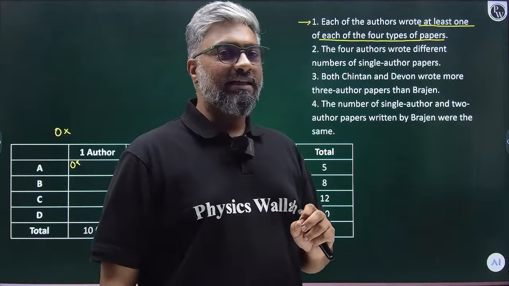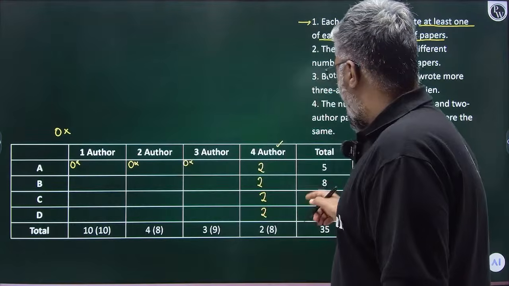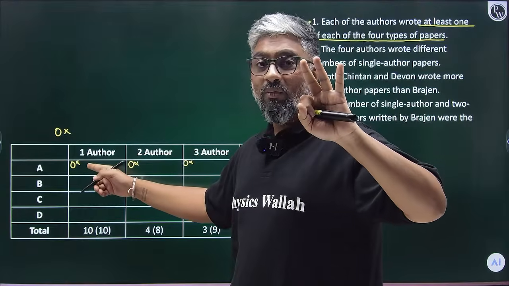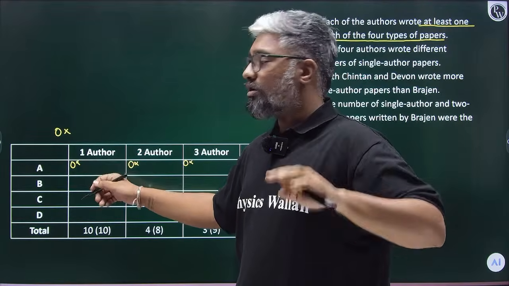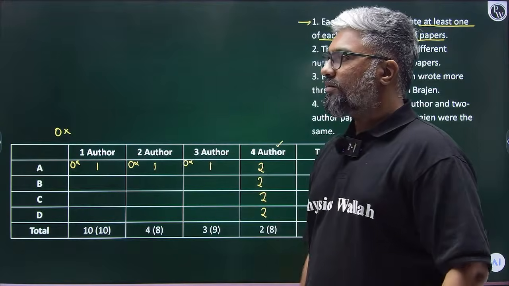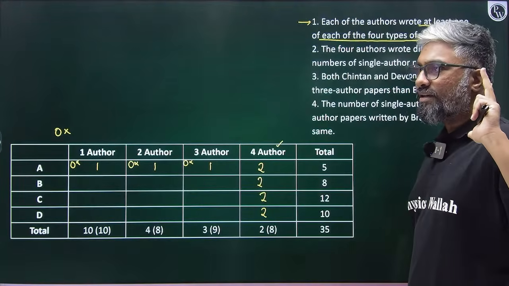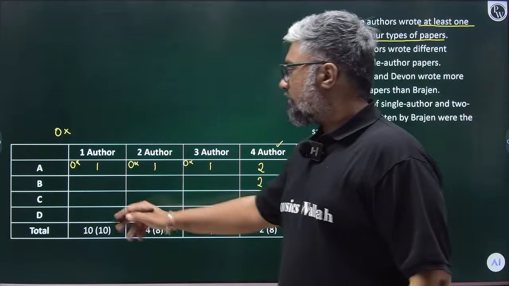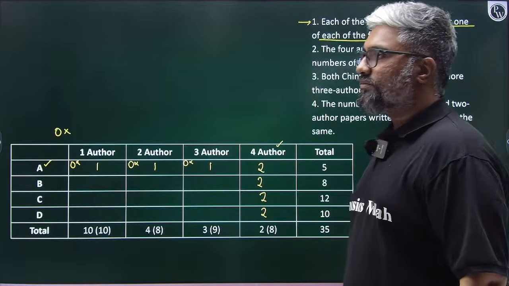If they can't be 0, out of 5, 2 are here. Can I say each of 1, 1, 1 will go to A's contribution in 1 author, 2 author and 3 author? Perfect so far? Yes. So with this, can I say A is sorted?